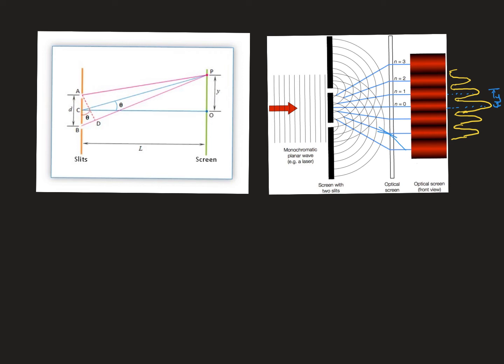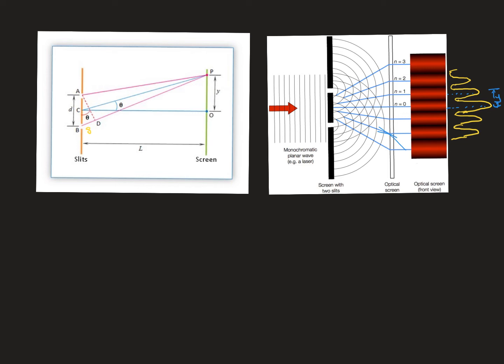One assumption we are making is that this line and this line are parallel, because compared to the distance between the slits, this length is bigger. So we are going to assume that they are parallel. That's the reason we are saying delta is equal to d sine theta.